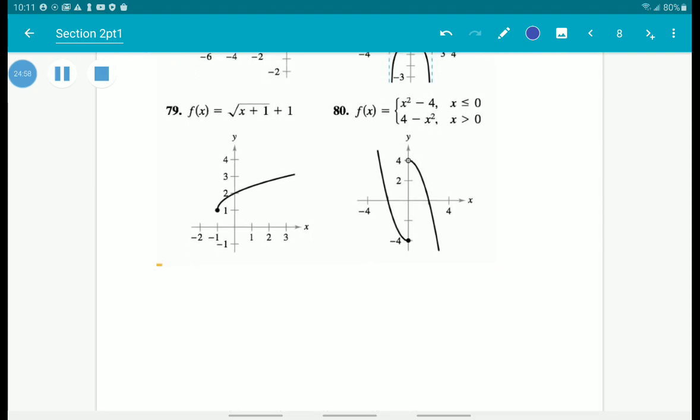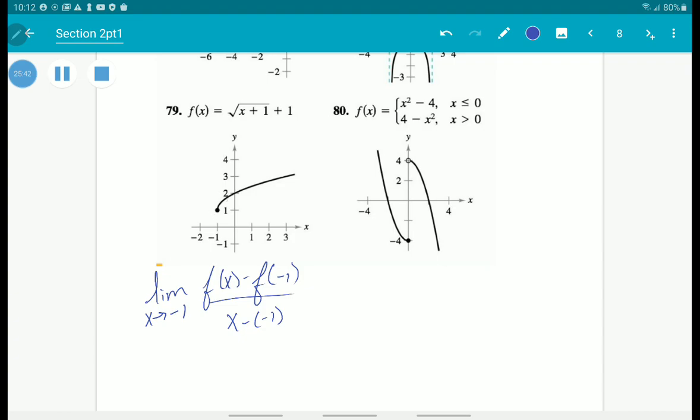For 79, we think about where that's differentiable. Well, it's going to be differentiable everywhere except this point here. At this point, it's going to be a little confused. We don't really know how to write that tangent line, the slope of the tangent line, because remember, when we take a derivative, we're actually thinking about a limit. So if we were to think about that alternative form here in terms of a limit, we would think about it at -1, as f of x minus f of c over x minus c.